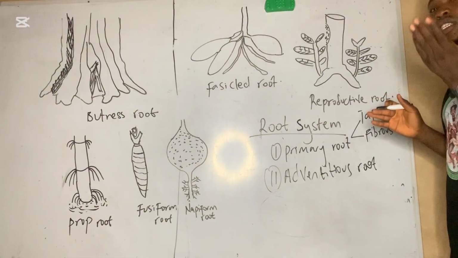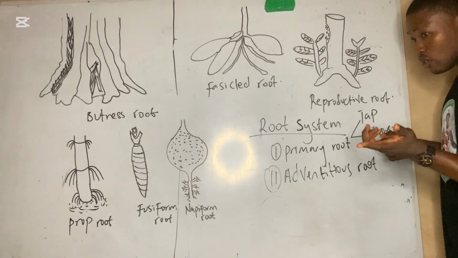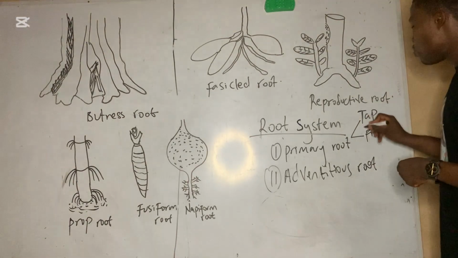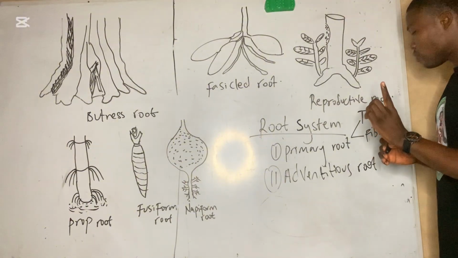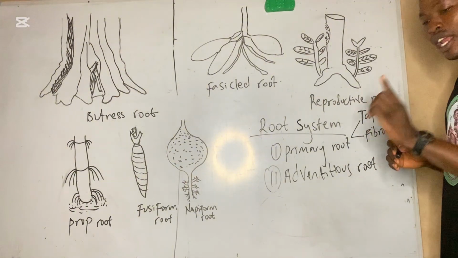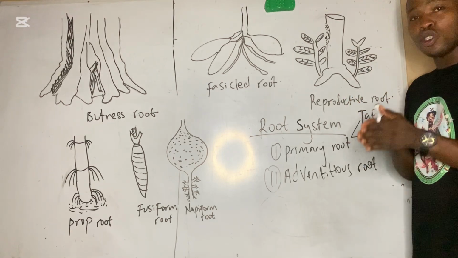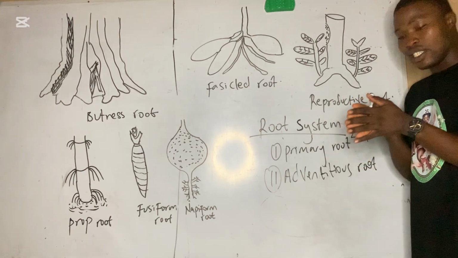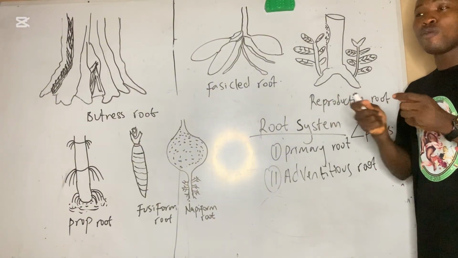Now, what is a taproot? What is a fibrous root? Primary roots form from a radicle that grows with a single elongation into the soil, having some few branches.